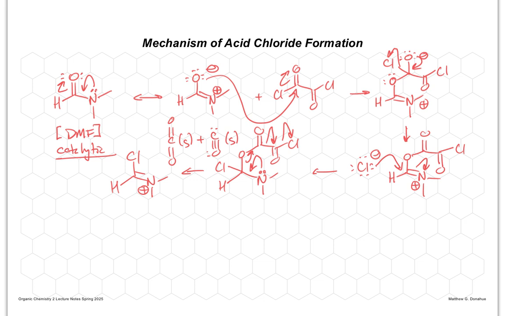So those are the gases that come off. And then this is balanced off by the chloride anion. So through all of that stuff, this reagent here, that's the actual thing that reacts with the acid chloride. Or I mean the carboxylic acid.